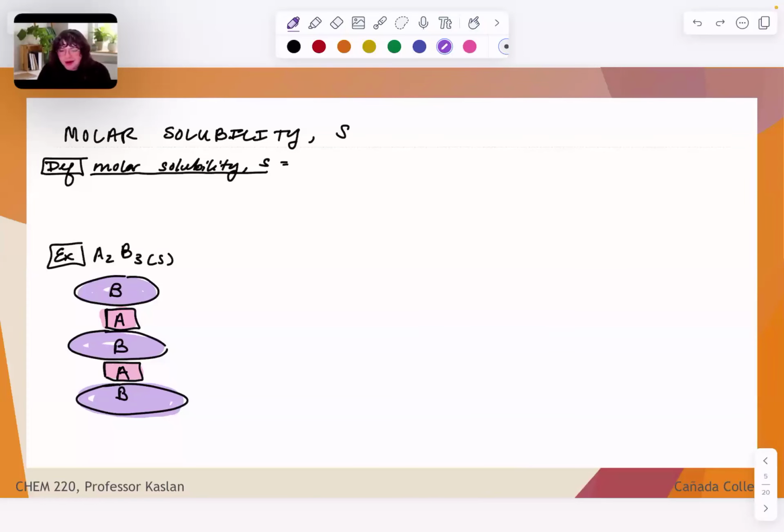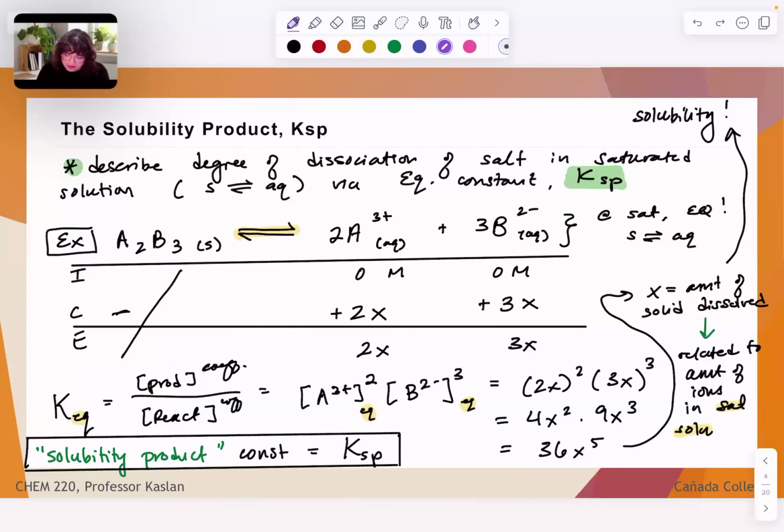Welcome back to our next video in our lecture series discussing solubility equilibrium. So in our last video, we left off with this idea of an equilibrium constant that we call the solubility product, KSP, as being a constant that describes the degree of dissociation of some solid ionic compound into its respective ions in a saturated solution or in a dissociation equilibrium.